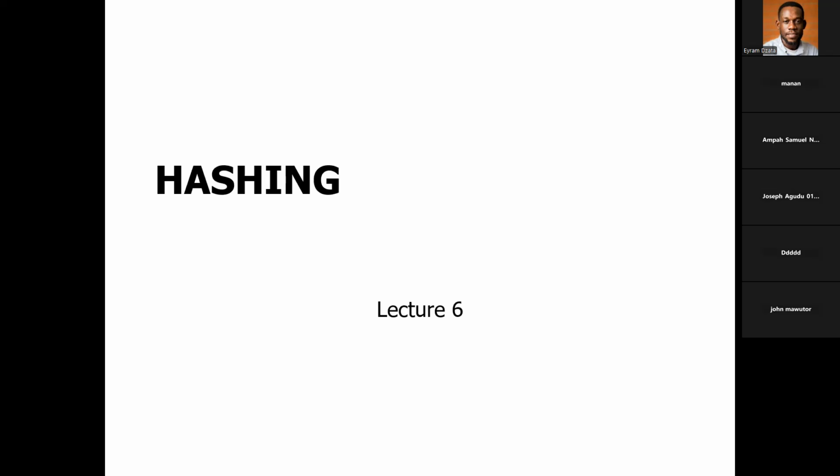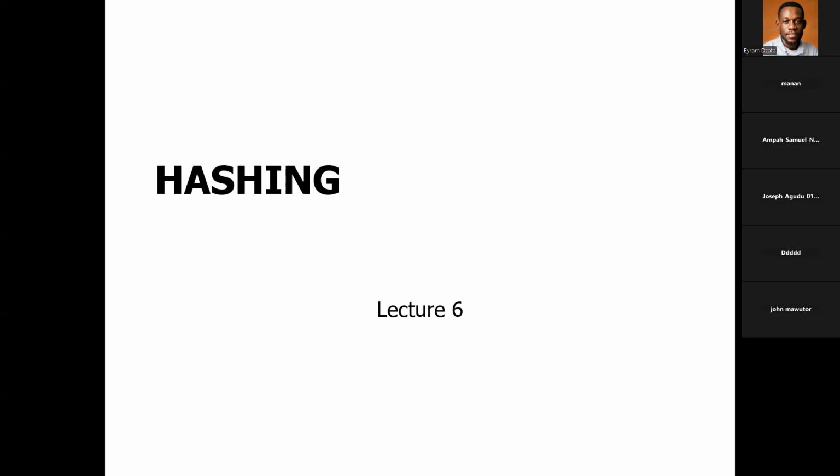Right. Today we are going to look at hashing, or hash tables. It's also another data structure in computing, so we are going to spend some time to look at it.